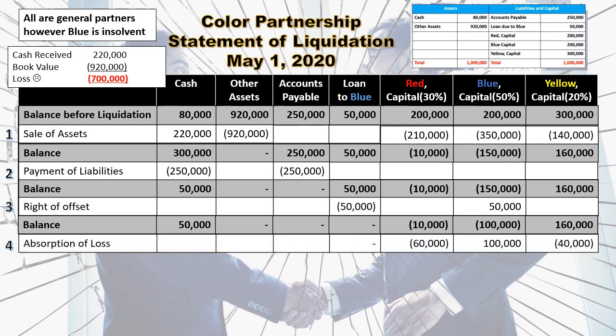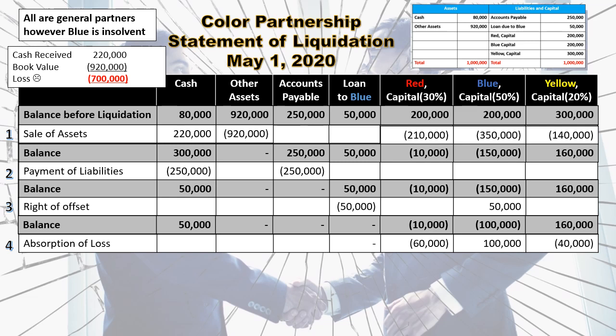So, para may transfer yan, absorption of loss, so 100,000 times 30 divided by 50. So, ang ililipat po natin kay red ay 60,000. So, positive kay blue, 100,000. Then, kay yellow capital naman, negative 40,000 pesos kasi 20% over 50% times the absorption loss of 100,000 pesos.